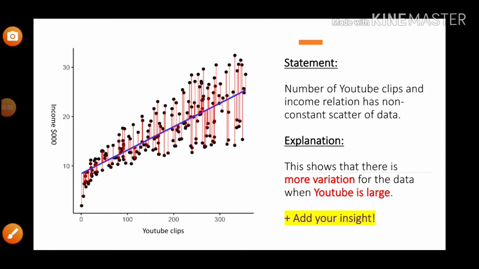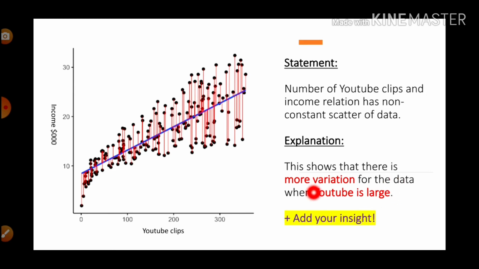So under the statement, the first thing that you have to say is whether the scatter is constant or non-constant, and I've said non-constant scatter data. You need to explain that there is more variation in the data when the x value is large.